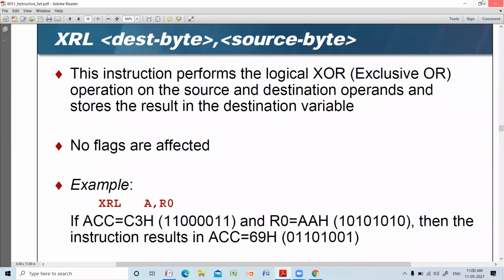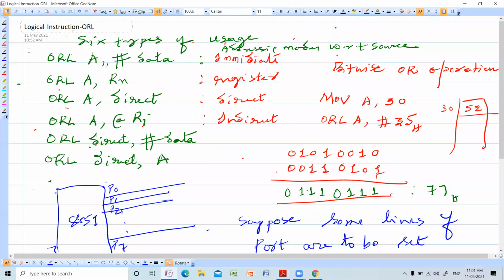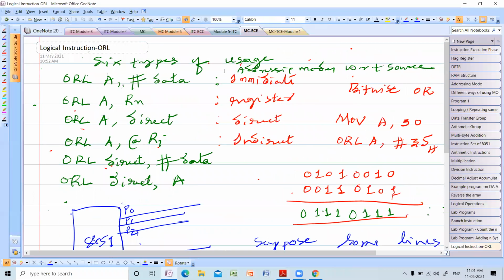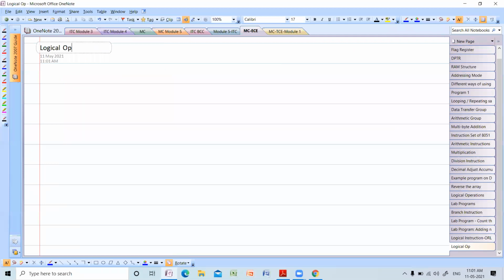So what do you mean by complementing the operation? Logical operation XOR.